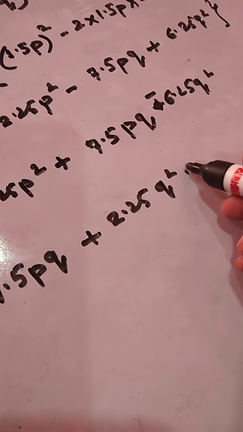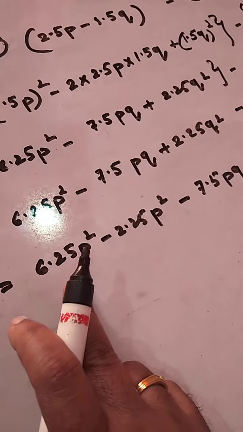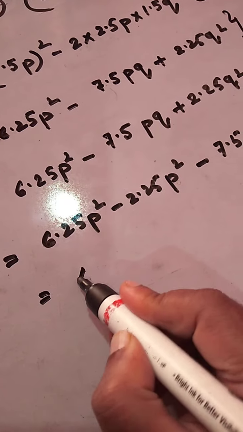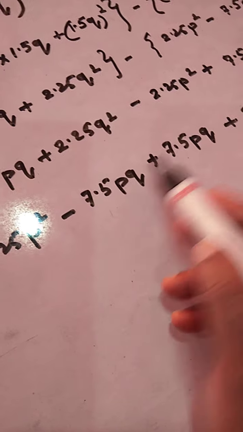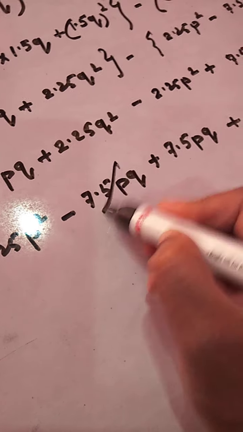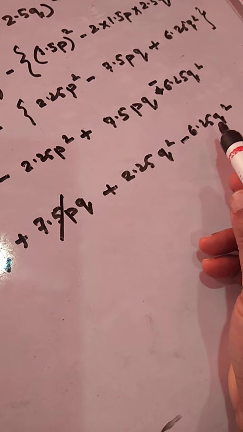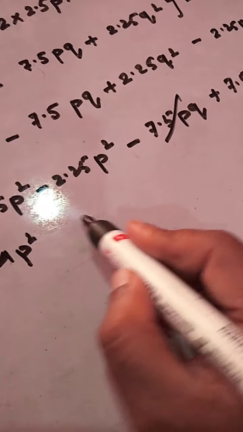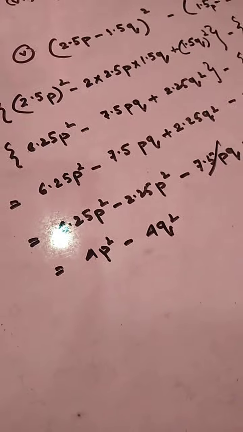So minus 6.25 q square. Now 6.25 minus 2.25 would be 4 p square. Minus plus is minus, 7.5 minus 7.5 would be what? 0. So we'll cancel this. Plus minus is again minus, so 6.25 minus 2.25 would be again 4 q square, isn't it? And what is the sign? It would be minus sign. So this is the final answer of sum number 5.